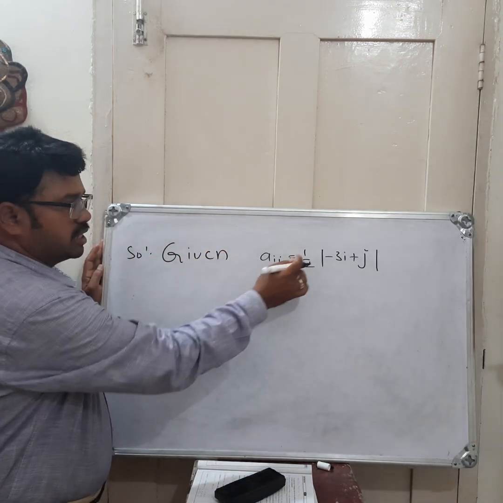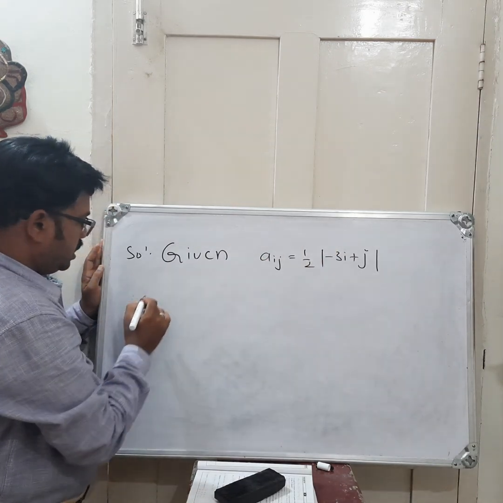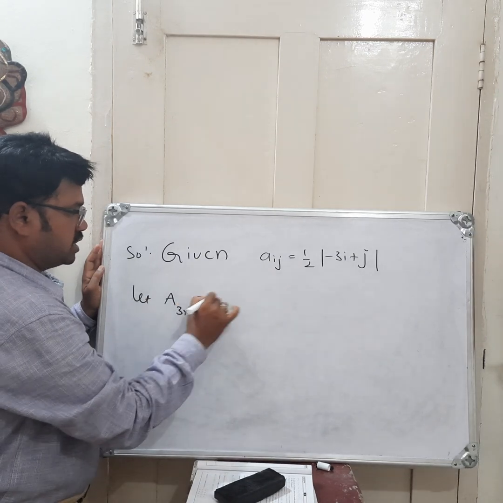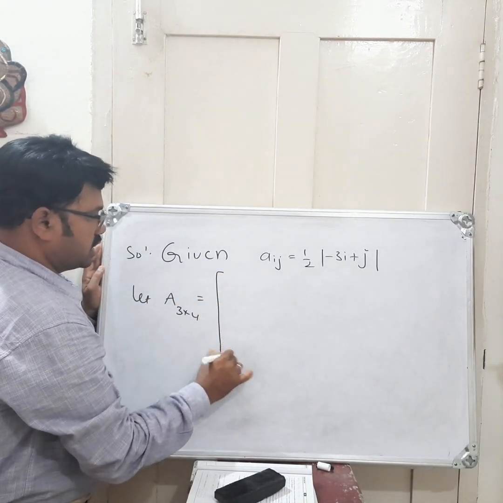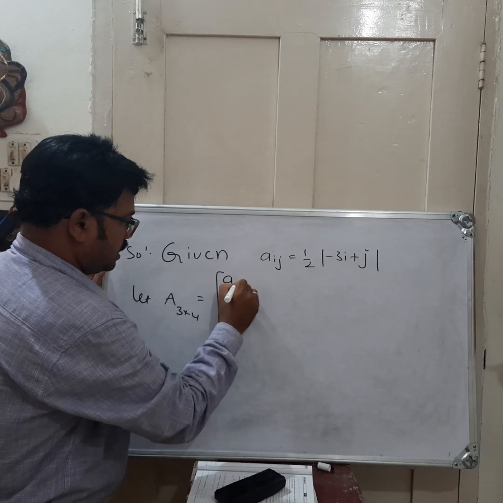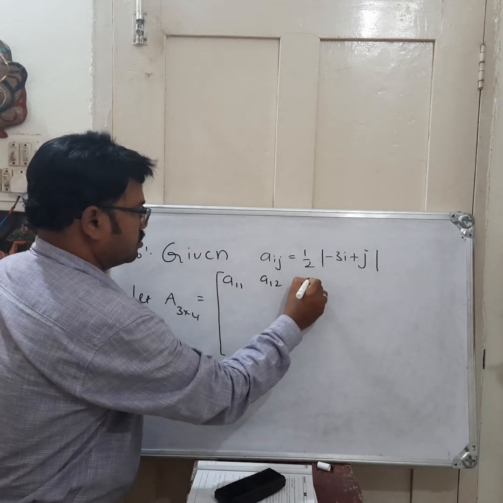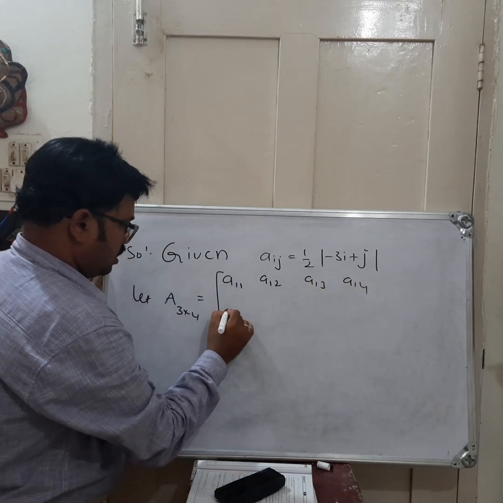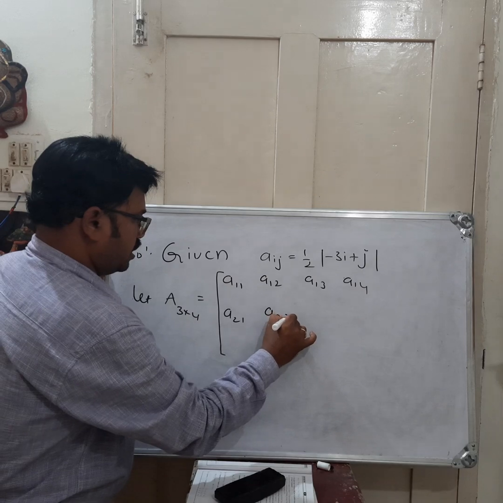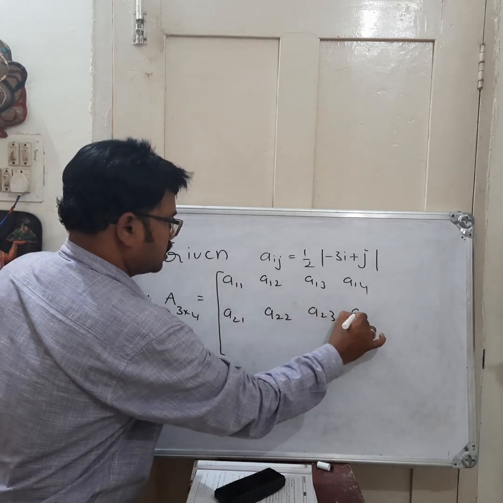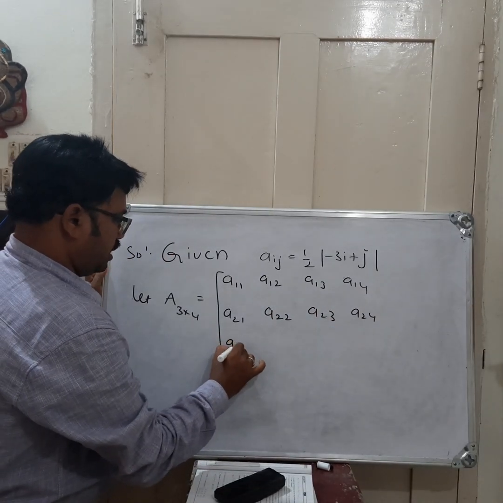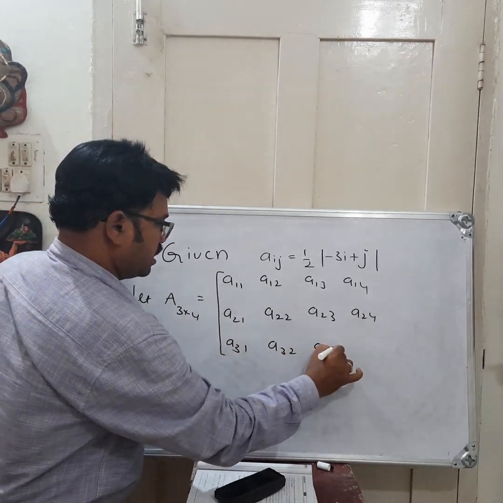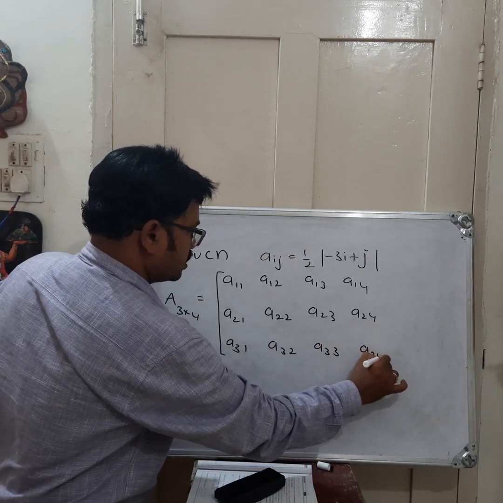Given Aij equal to 1 by 2 modulus of minus 3i plus j. Let A be a 3 by 4 matrix. So this matrix contains the elements A11, A12, A13, A14 and A21, A22, A23, A24 and A31, A32, A33 and A34.